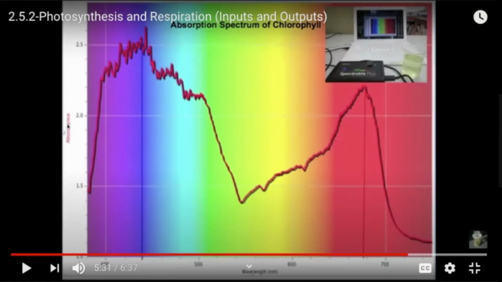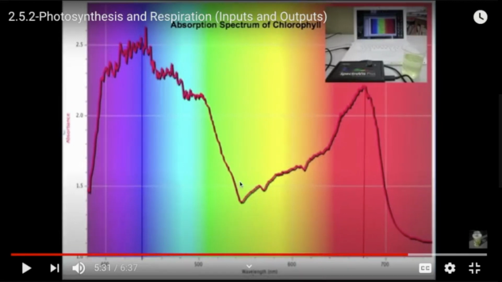This axis here, Suyun, I will help you a bit. It says absorbance. So can you tell me two colors that are really being absorbed a lot? Blue and red. Yes. And then what color is not really taken up too much? Yellow. Yellow, and then in the green area.